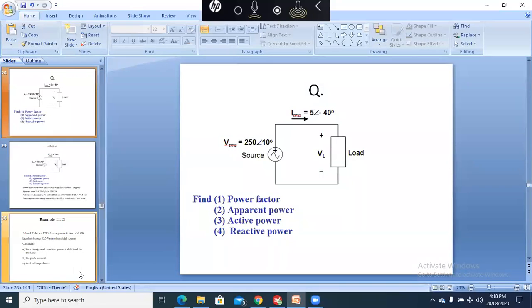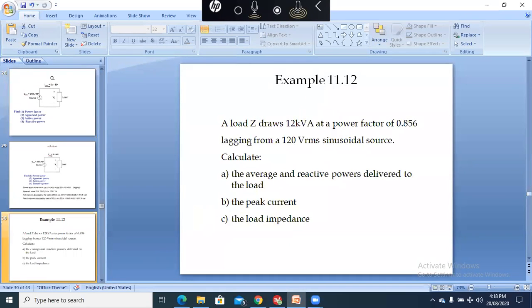And in another example, the load draws 12 kVA at a power factor of 0.856 lagging. So it means the load draws that much power at this power factor.